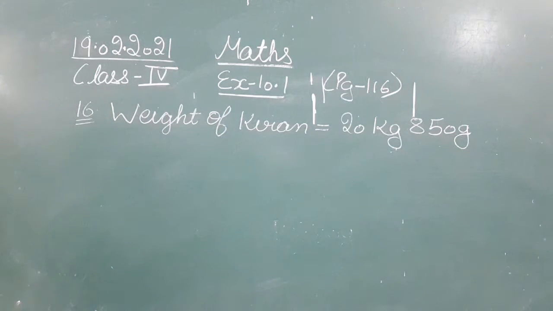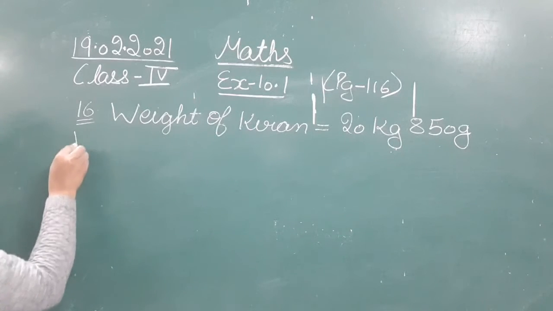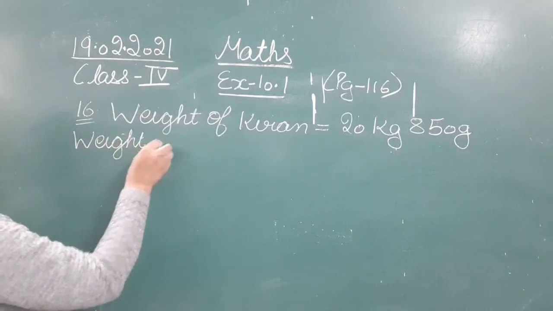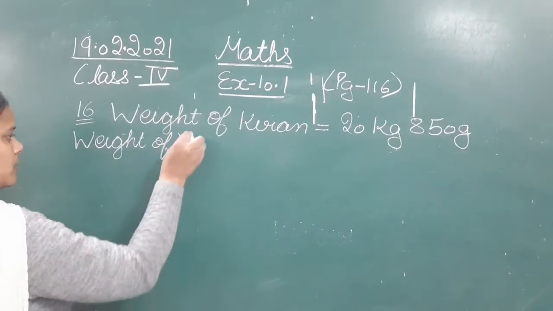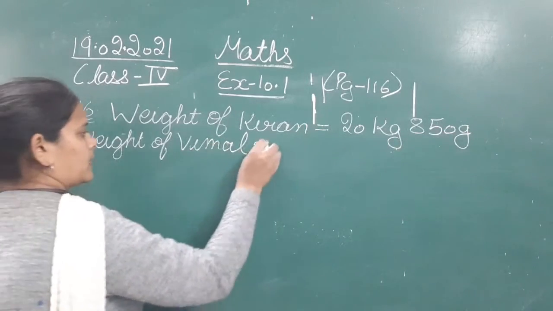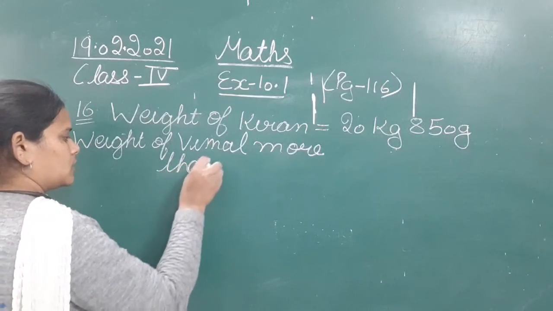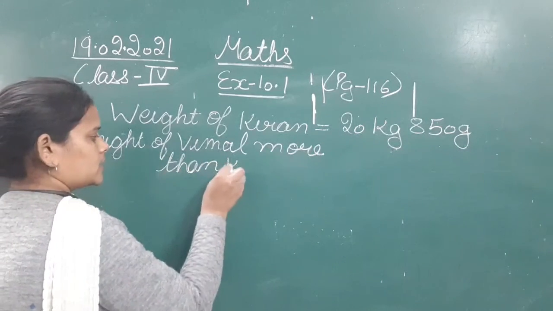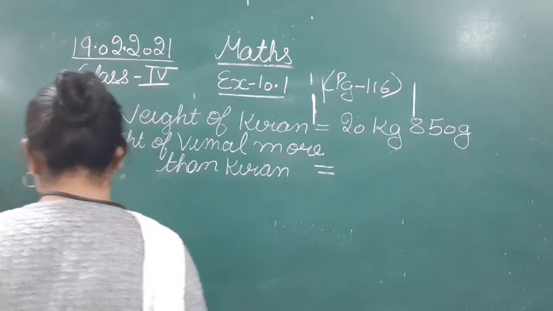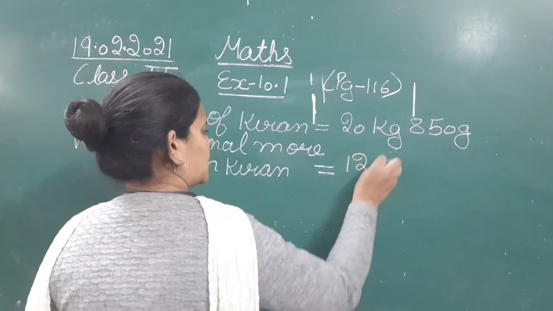Next, weight of Vimal more than Kiran. किरण से विमल का वेट कितना ज़्यादा है? That is 12 kg 200 ग्राम.